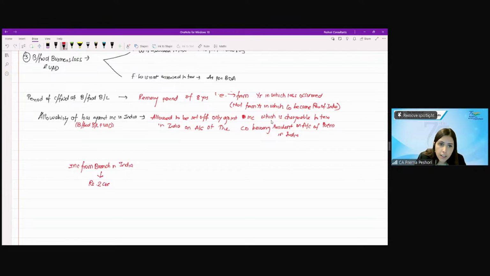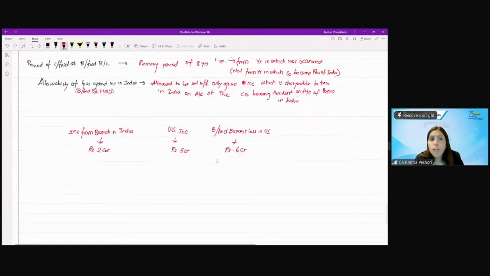I have US income, which is, let's say, rupees 5 crore. I have the brought forward business loss in US of rupees 6 crore. So how much will I be able to set off? I will only be able to set off rupees 5 crore.